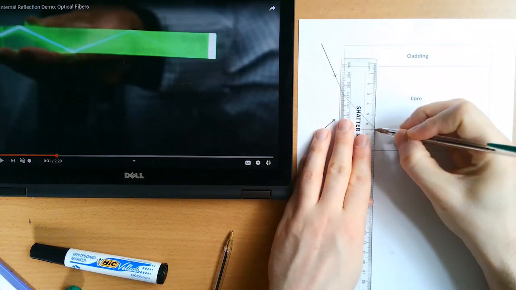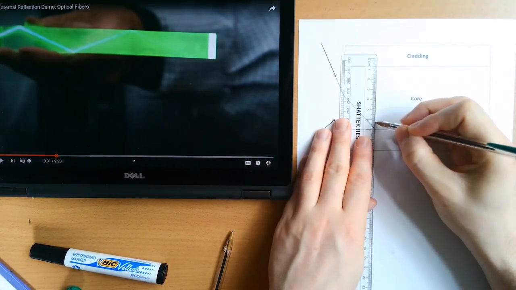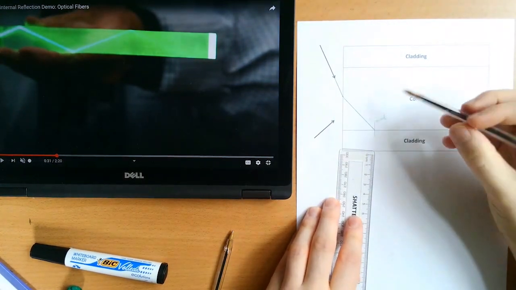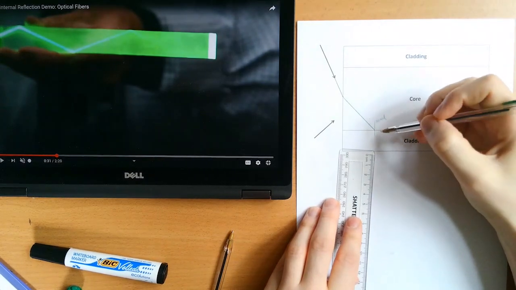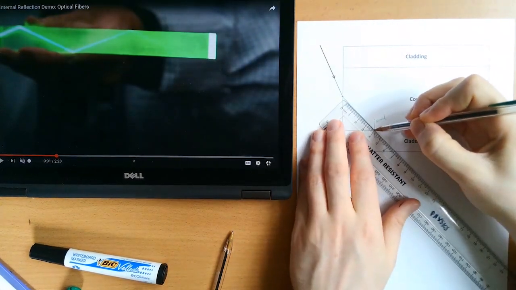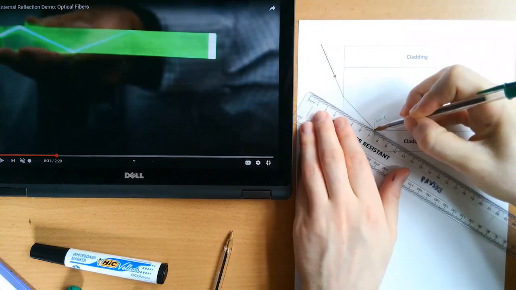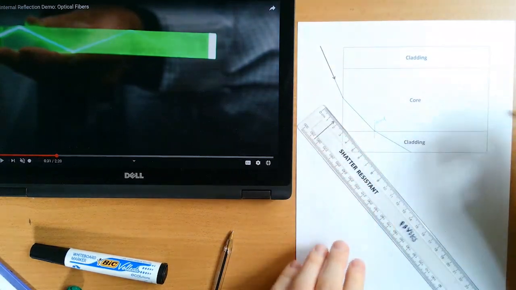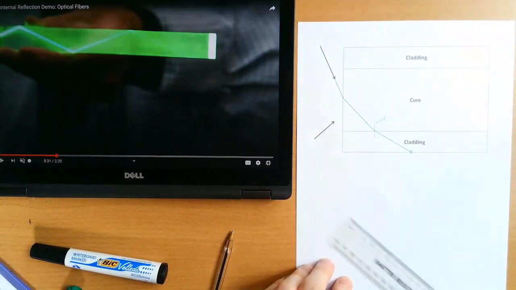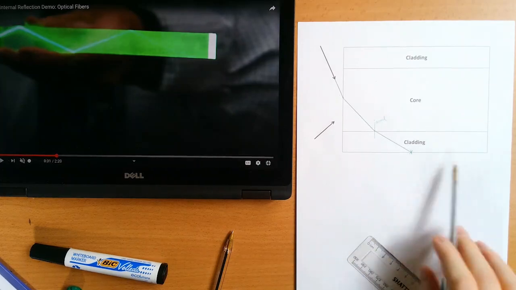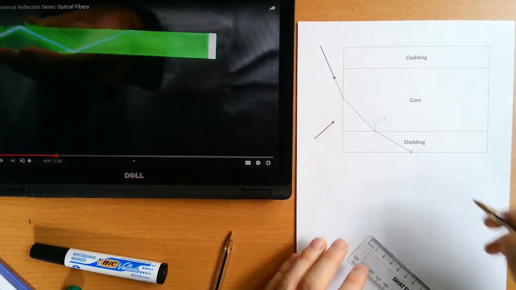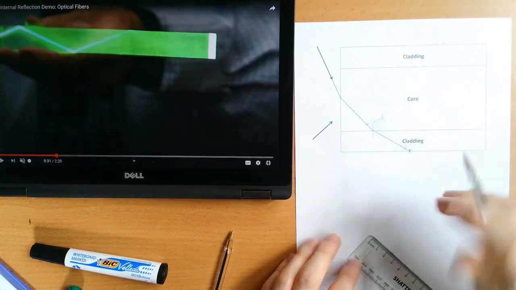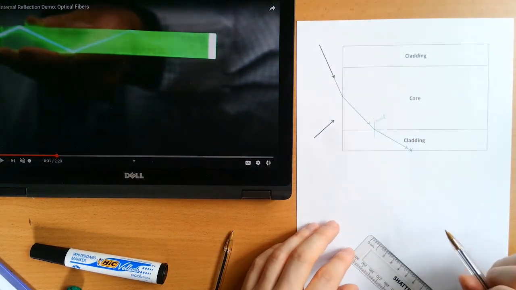And the way I can see it's going to do that, if I draw on a normal line, I need to bend on a high to low boundary away from the normal, which means my ray is going to go like that. Now when it hits this point, it ends, because what's normally outside the cladding is a protective coat, normally made of plastic, and it just absorbs the light ray. So that is the end of the ray. It's not going to get any further than that.